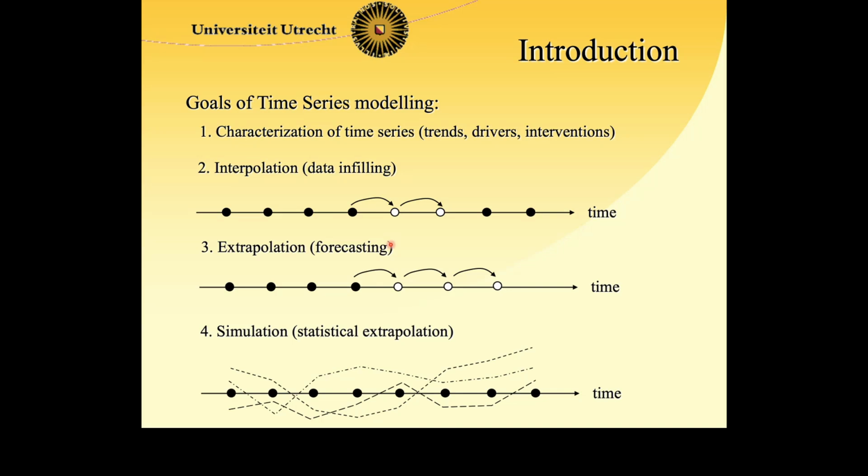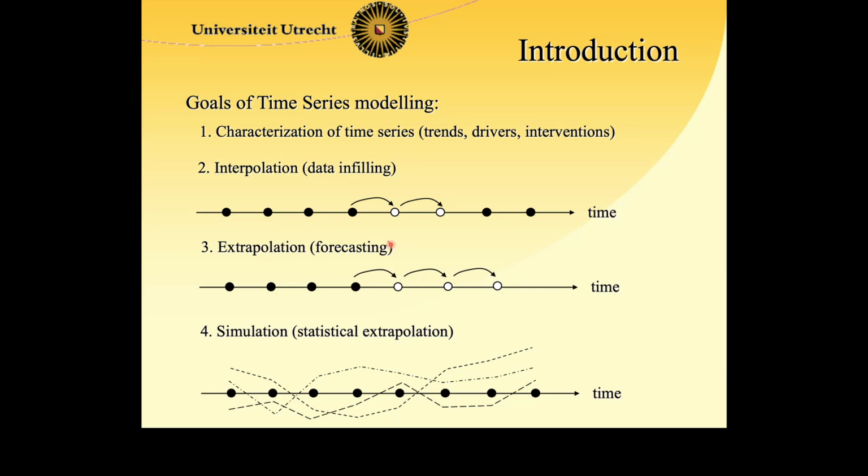Then if you are able to analyze what the statistical structure is of the time series and build a model from that, you can use that to simulate many equally likely realizations of that time series that all have the correct statistical properties. And then by de facto statistically extrapolating the time series, you are able to analyze under uncertainty to basically do design while taking account of the uncertainty of the underlying process.